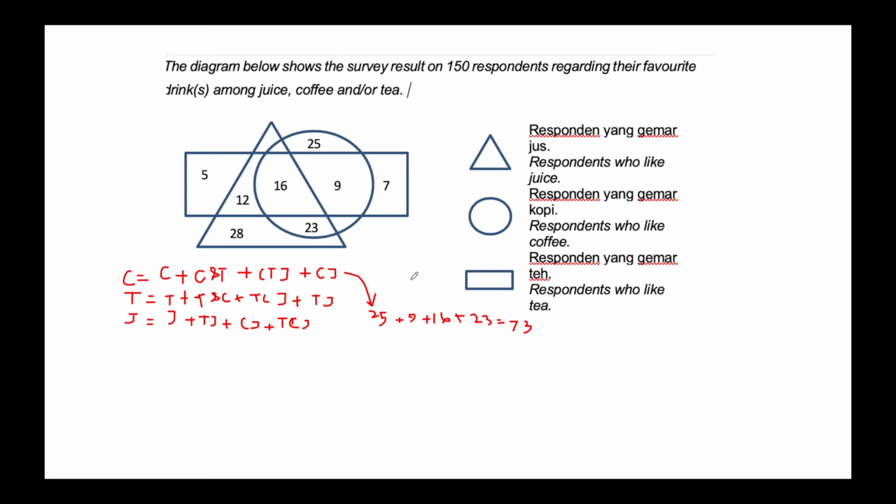All right. So for the second question, how many respondents love tea or coffee but not both? In this case, these are the total who love coffee. Now we may get the total who love tea. Only tea, 5 and 7, so 5 plus 7 is 12. Plus tea and coffee, which is 9. Plus coffee, tea and juice, 16.